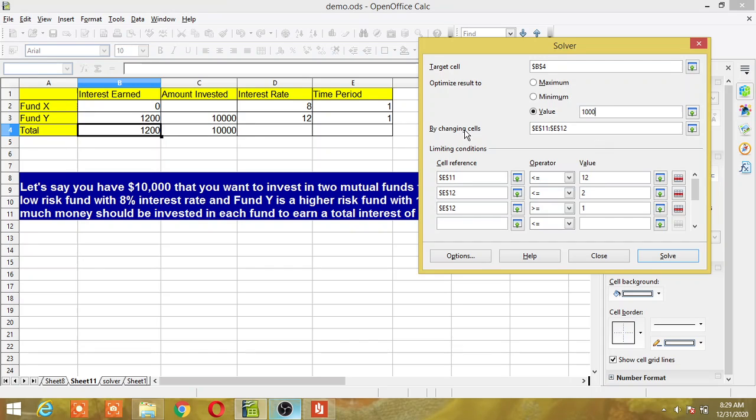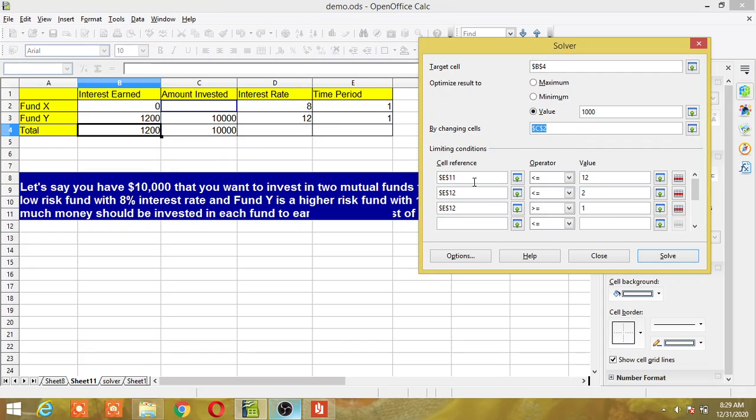Now, by changing cell, which is the cell you want to change here? As I want the amount invested for my X fund only, I'll click on this C2 so that I can get the amount invested for X fund. So select this cell, this will give you C2.